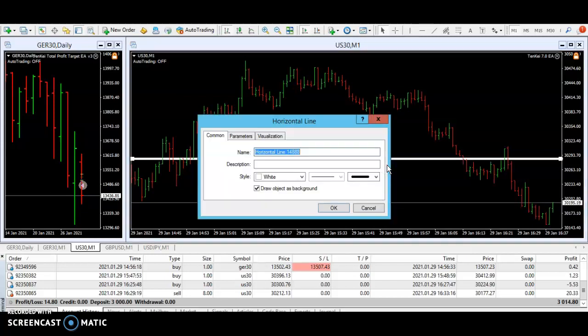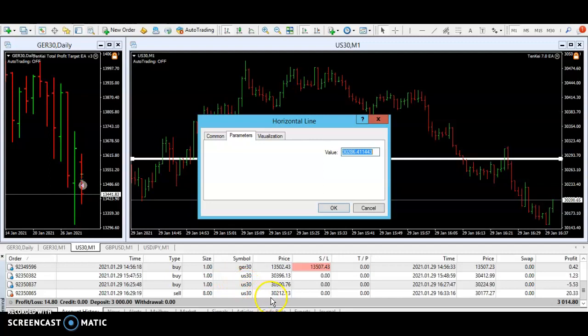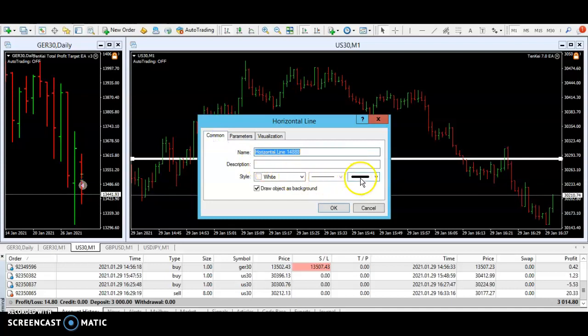watch this again. Rather than guessing the number, let's go to parameters. So we got in at 302.13. I'm going to change this number, change that color to sell, which would be a red.